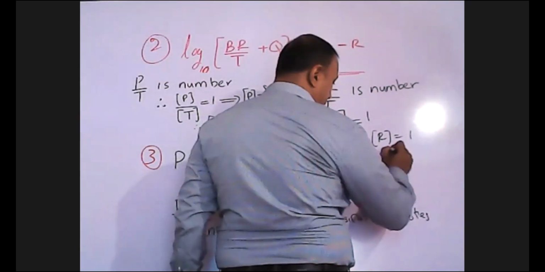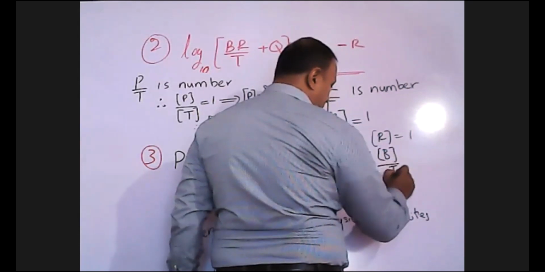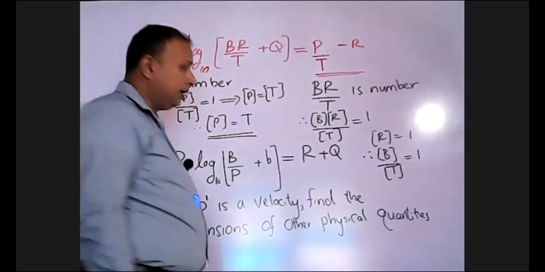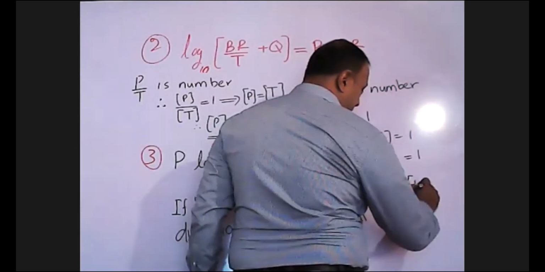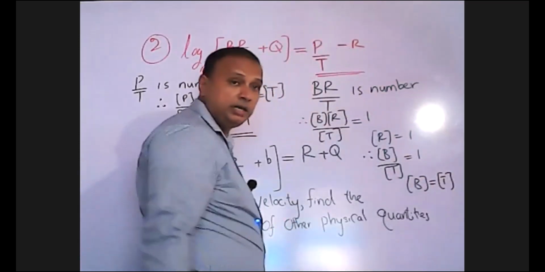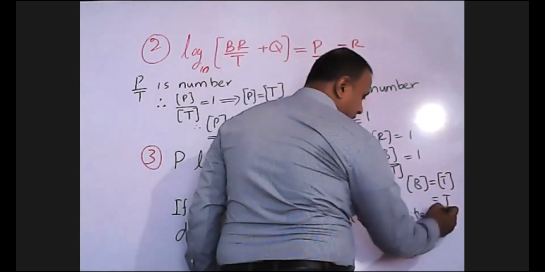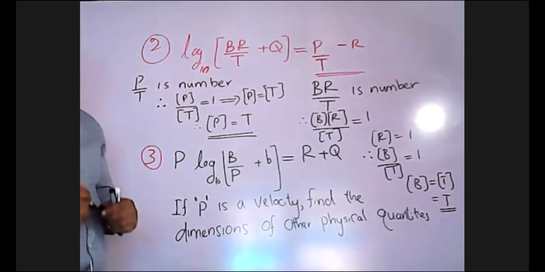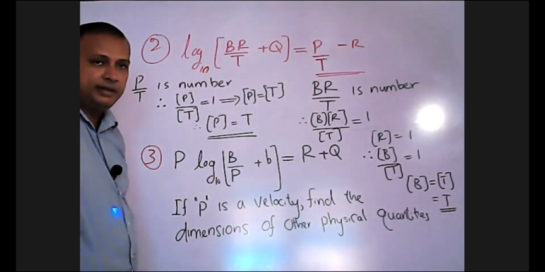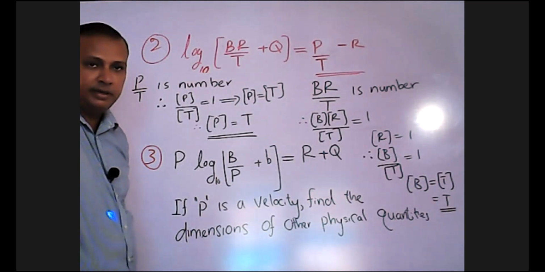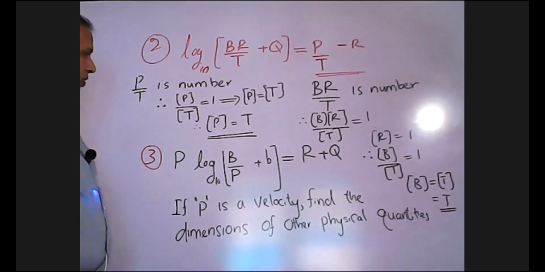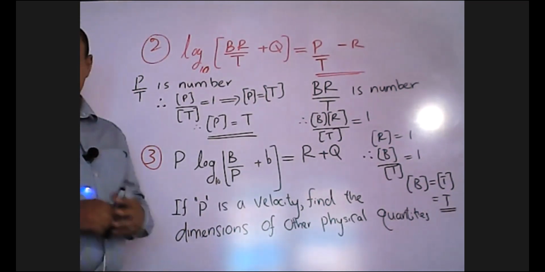Therefore, dimension of B over dimension of T is equal to 1. That means dimension of B is equal to dimension of T. So that is equal to T.